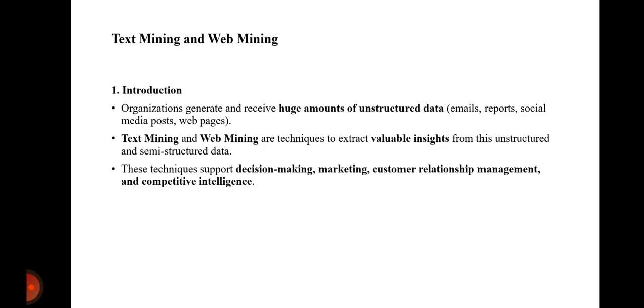It uses NLP, natural language processing, and statistical methods to extract insights from that text. So text mining is applied in sentiment analysis, named entity recognition, and topic modeling. The data is heterogeneous, diverse, and requires processing to interpret its meaning.